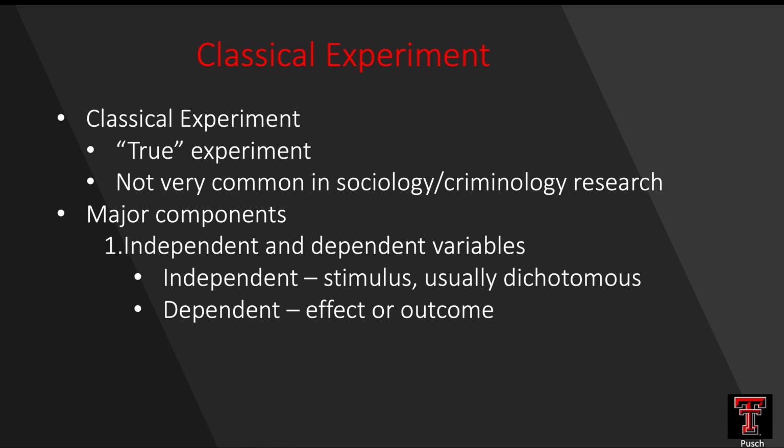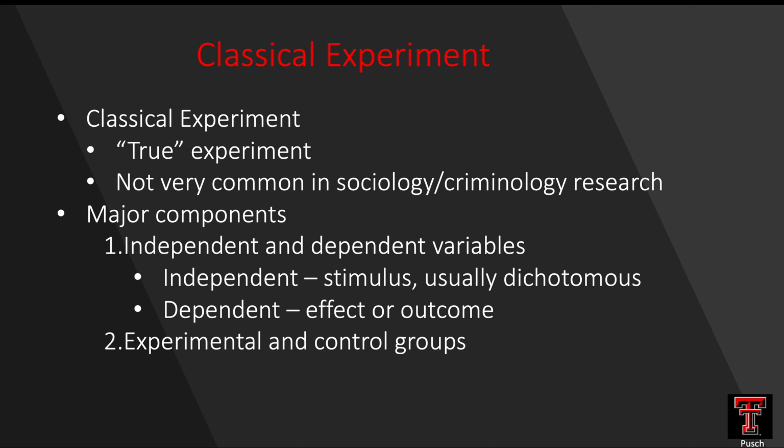Major components: it has an independent and a dependent variable. Again, the independent variable is a stimulus. Usually this is dichotomous, meaning they receive it, yes, or they don't receive it. And then a dependent variable, which is the effect or the outcome. We need two groups, experimental and control groups.